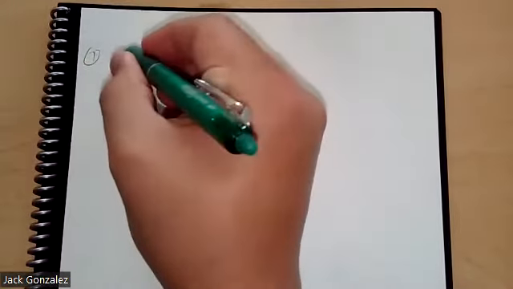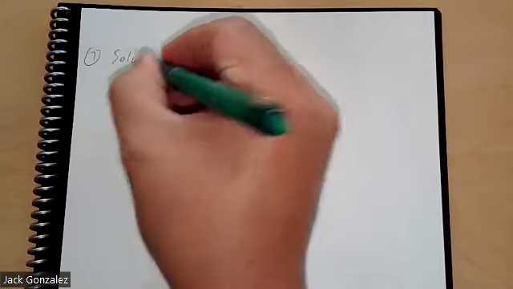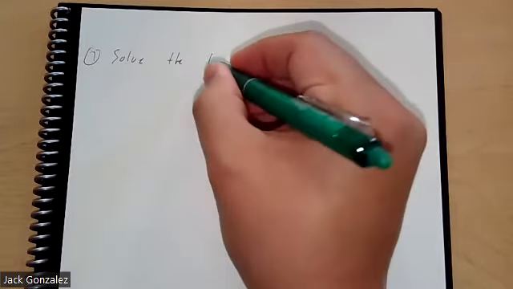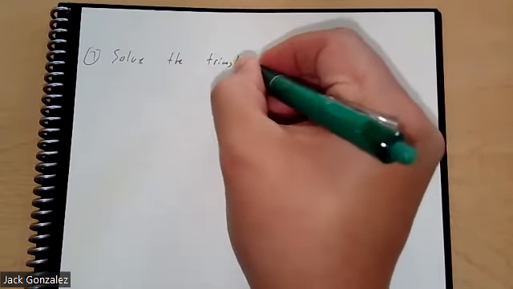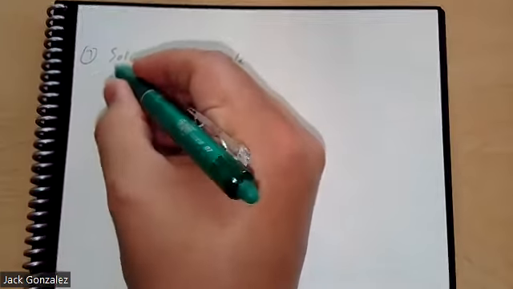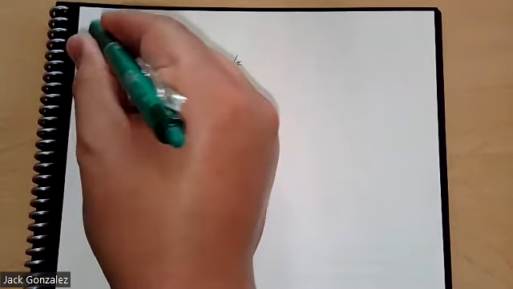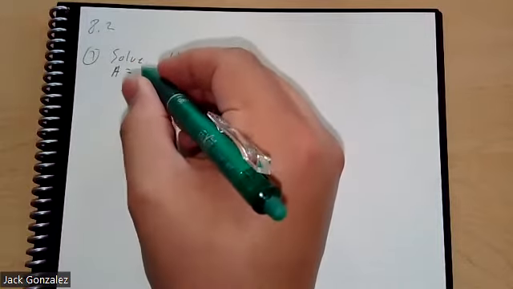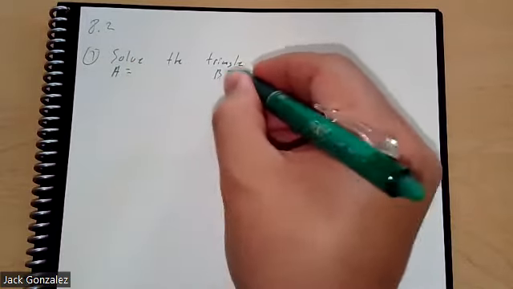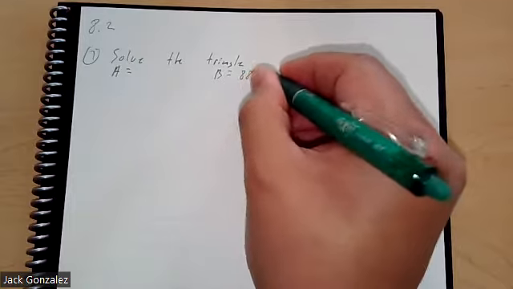Let's do another one, and I'll ask you the same thing: find the area right after. Solve the triangle. A is not given, so this is still 8.2. B is 88.